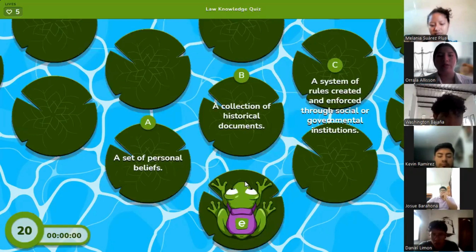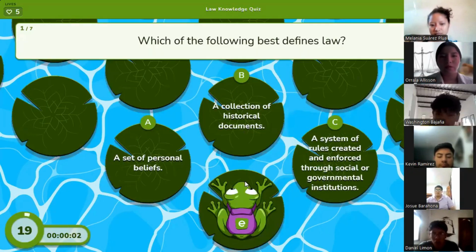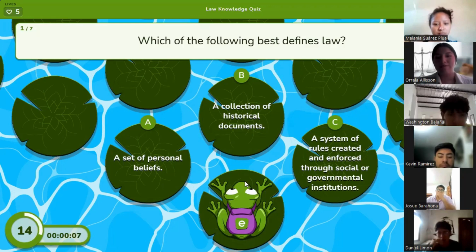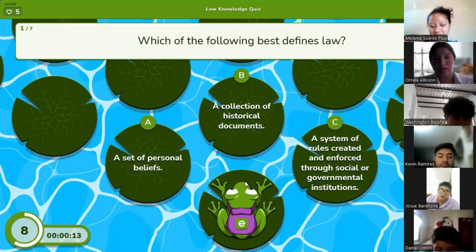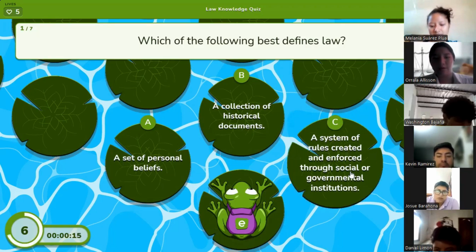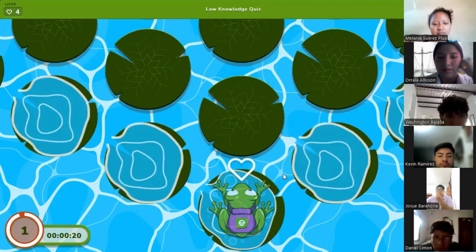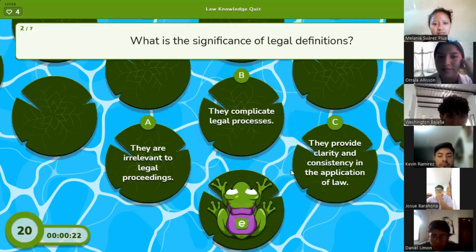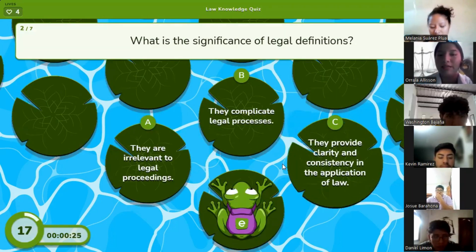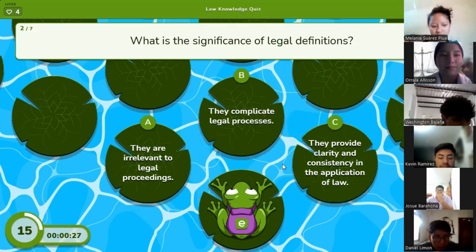So now let's start. Which of the following best defines law? Letter A, B, or C? What do you think? Letter C: a system of rules created and enforced through social or governmental institutions. What is the significance of legal definitions?